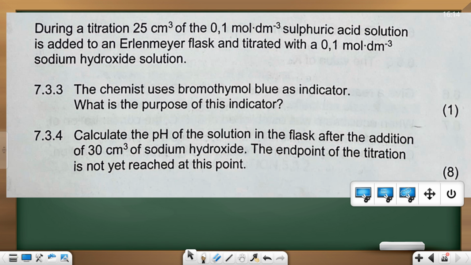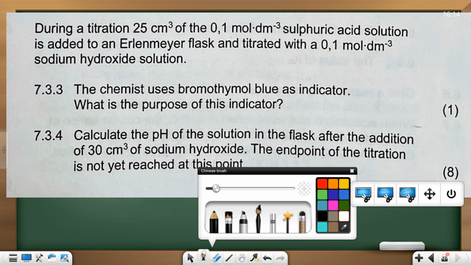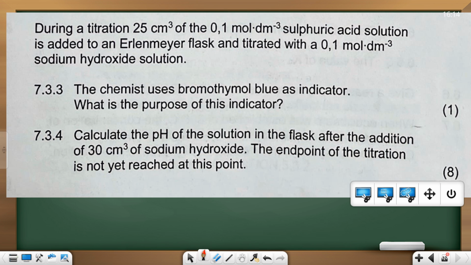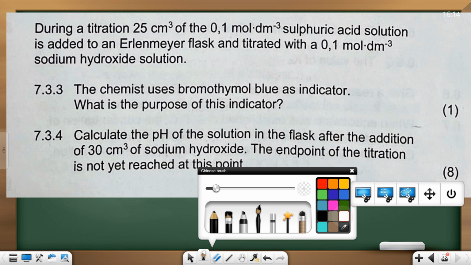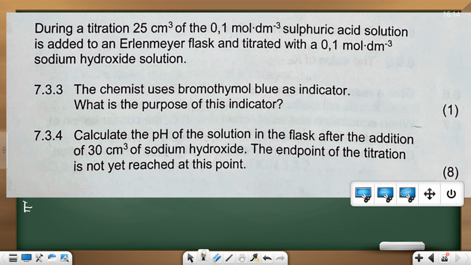To show the end point. What is end point? That's what we need to ask ourselves. End point is the point of neutralization.